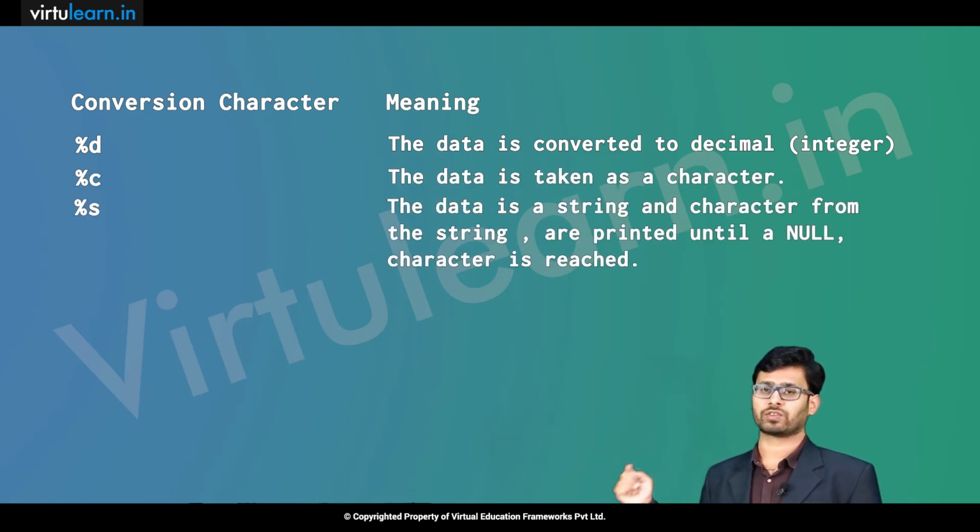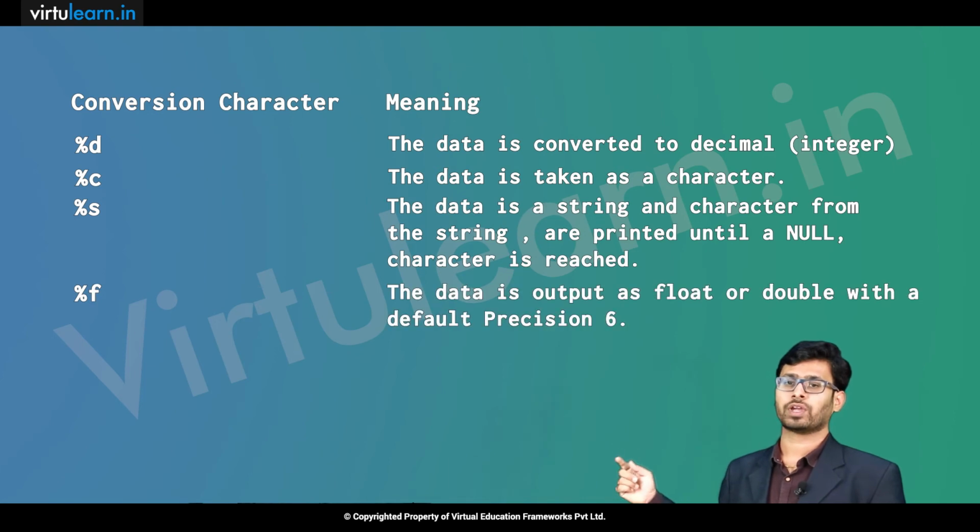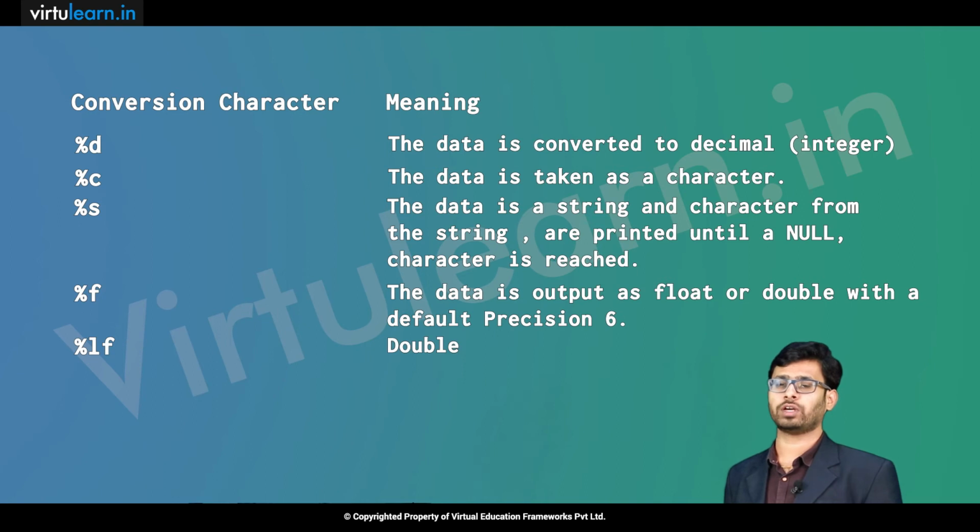Next, formatted input. The function used here is scanf, which is used for formatted input from standard input and provides many of the conversion facilities similar to printf. So scanf followed by format, comma.